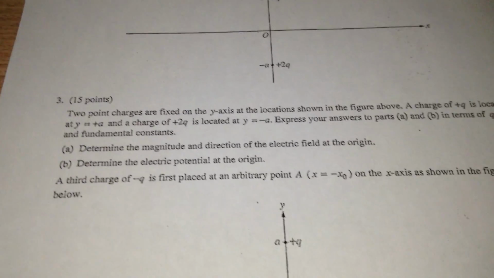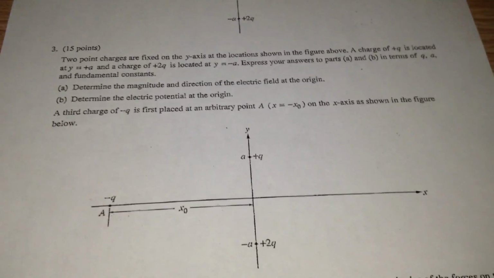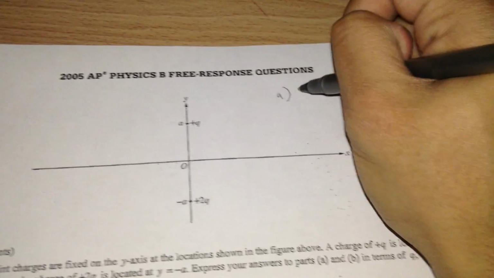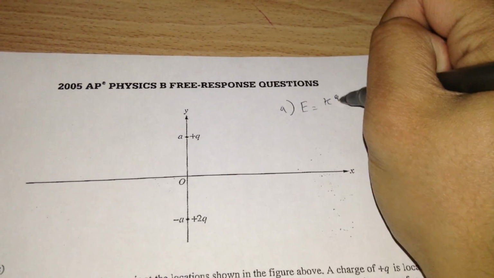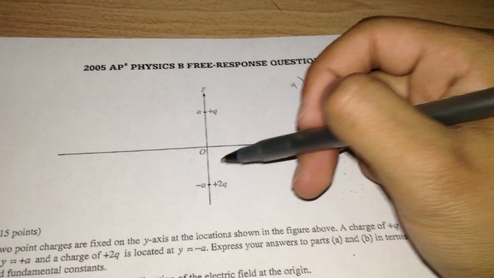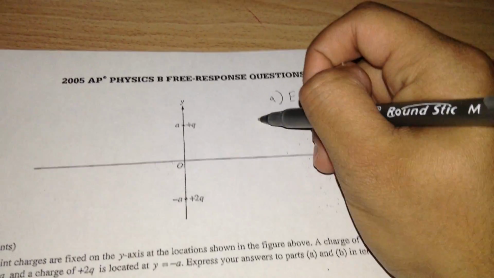Part A is asking to determine the magnitude and direction of the electric field at the origin. The electric field at any point is E equals kQ over r squared. We're going to have two vectors, one from q and one from positive 2q, so we have to add them.